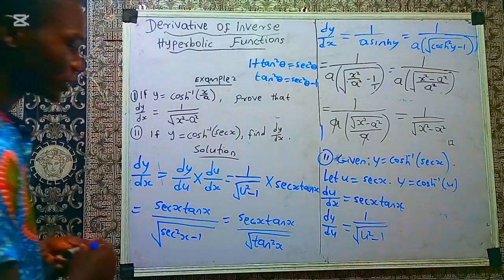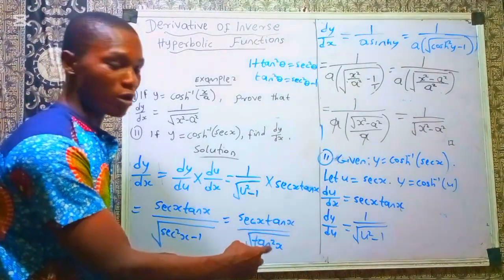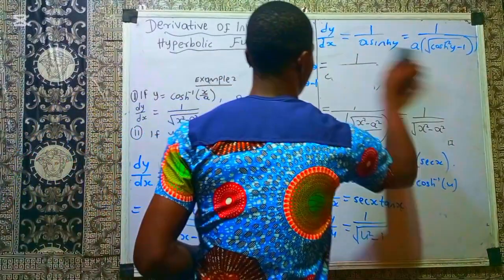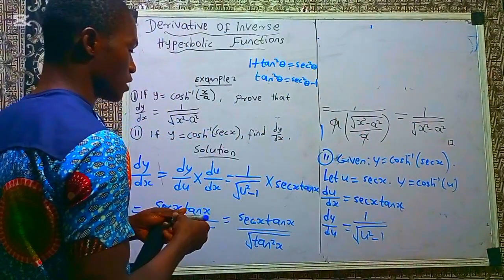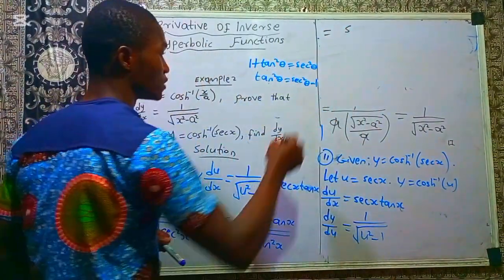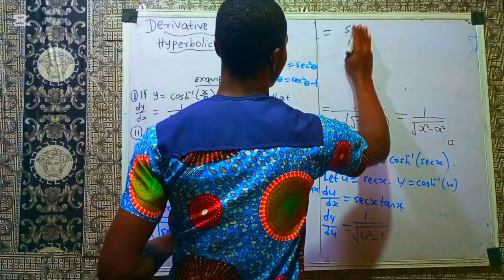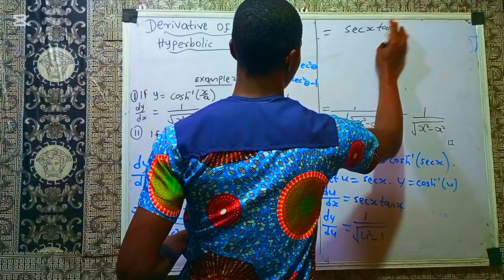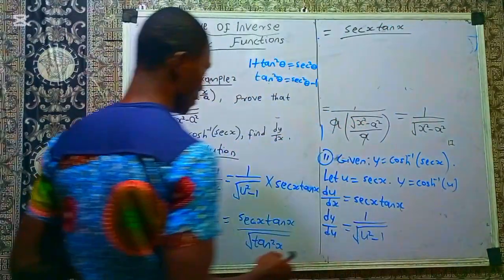And what will be the next thing? We have a square here and a square root. Square will cancel the square root. So at the numerator is sec x tan x, divided by the denominator.